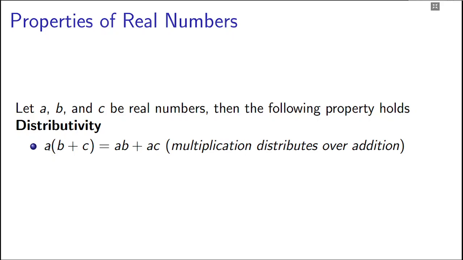Now this law says we distribute the number which is outside, the number that we are multiplying with, which is a, to b and c, which means we multiply both b and c by a, which is what we have on the right of the equation. We have a times b and a times c.